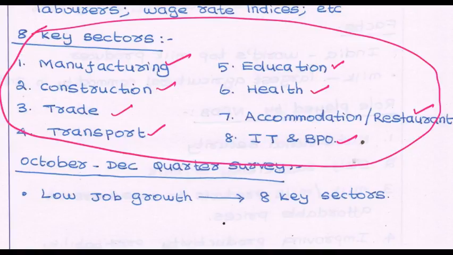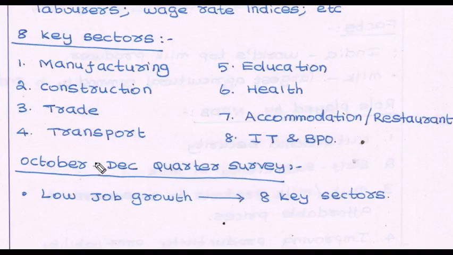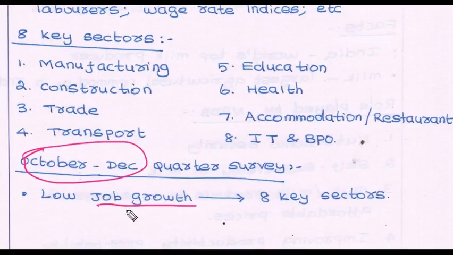It is factual information, but it's an important area for the prelims examination. According to the recently published Quarterly Employment Survey, in the October to December quarter, employment growth or job growth is low in all the 8 key sectors. That's all about today's current affairs lecture, especially for the prelims examination.